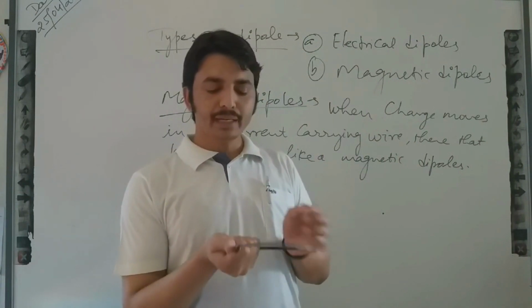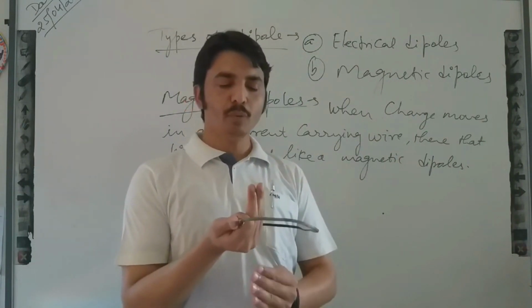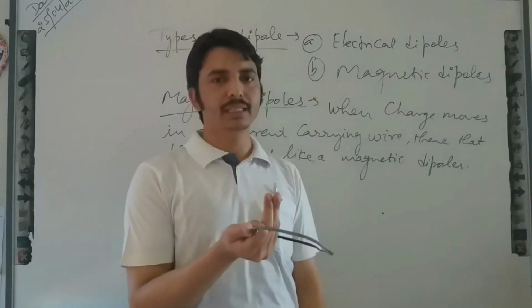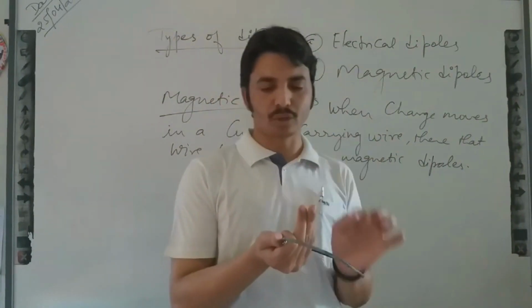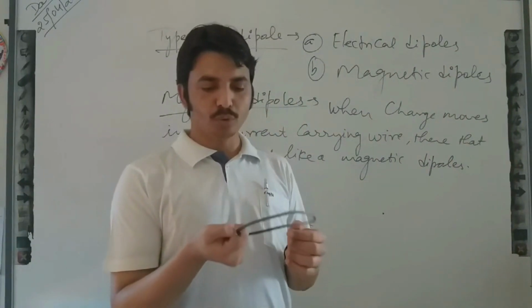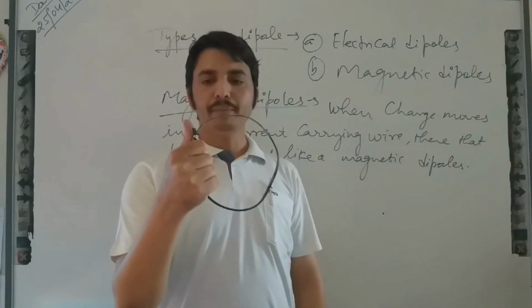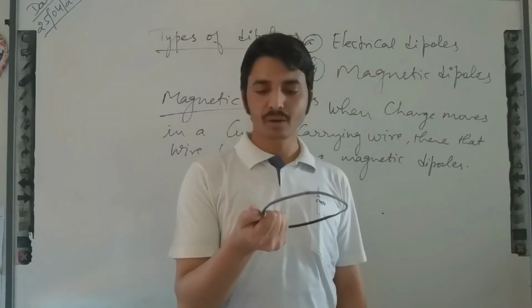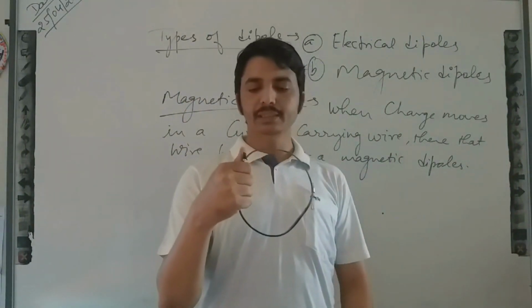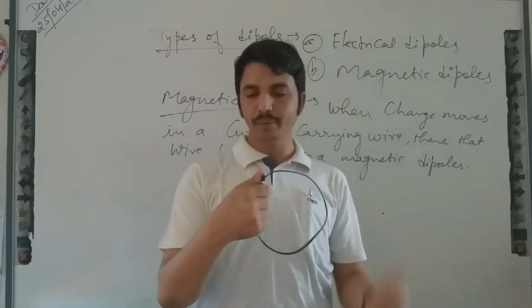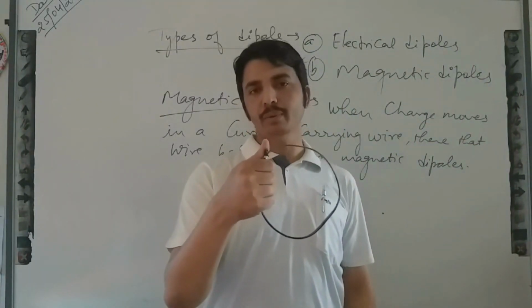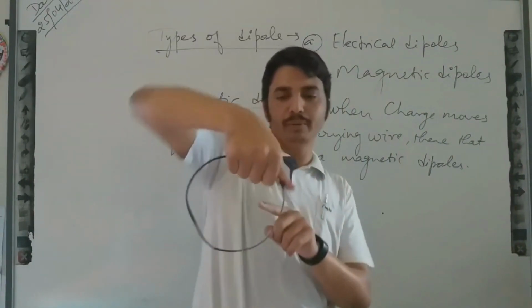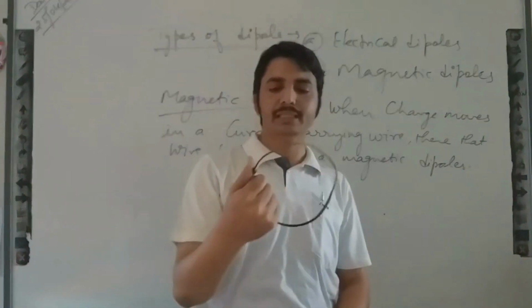So when fingers are coming from down, from where the fingers are coming, that will be the south, and in which direction they move, that is north. Okay, and you can also see which direction my thumb is showing. My thumb is showing the direction in which the electron will move, which means this will be the clockwise direction.